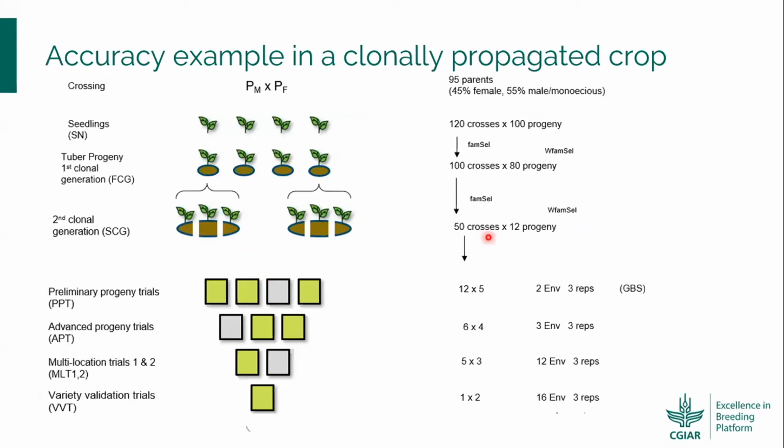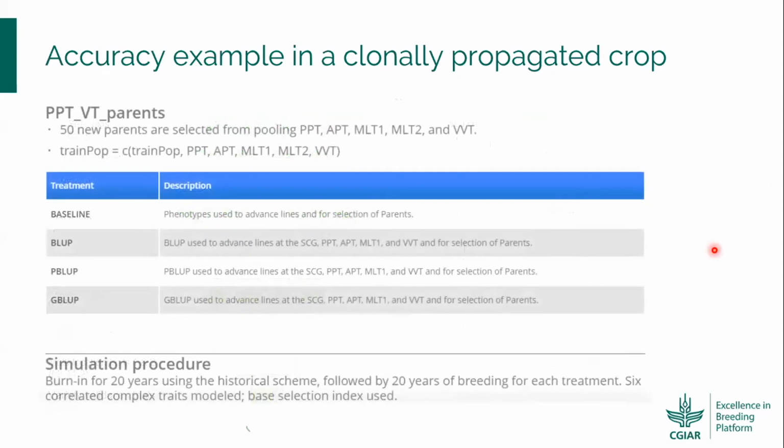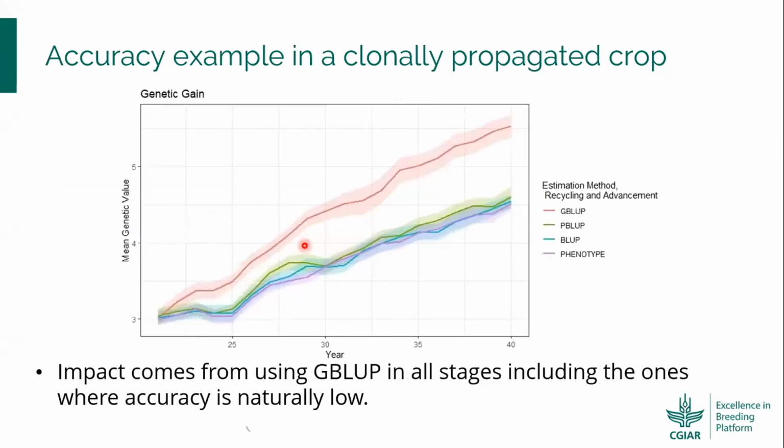So what we did is take the breeding program and simulate what would happen if they were using, again, blobs, pedigree blobs or G-blobs, and advancing the lines from the different generations. I think here they call them slightly different, but let me just make the point.